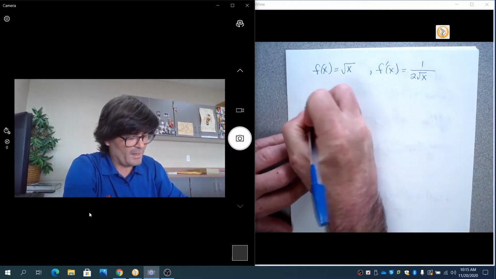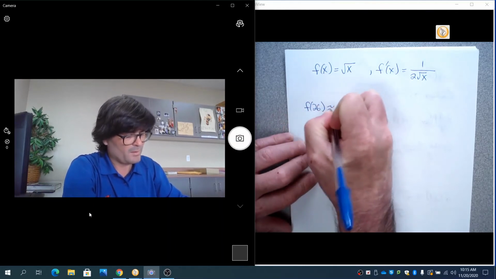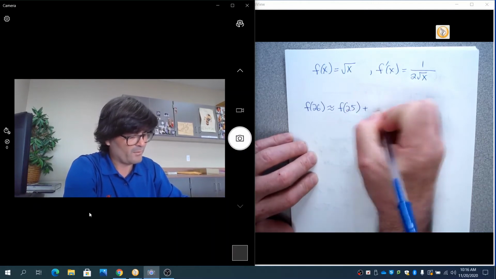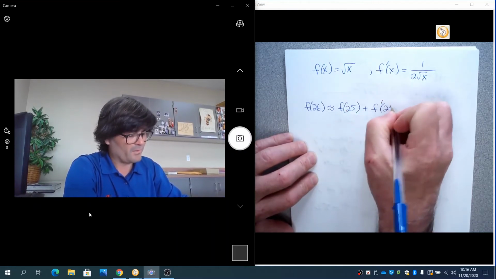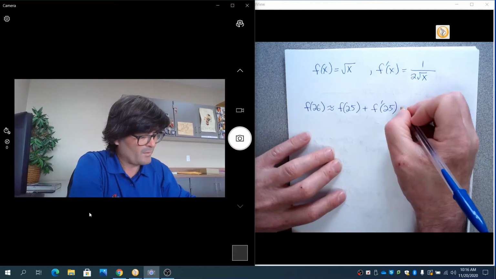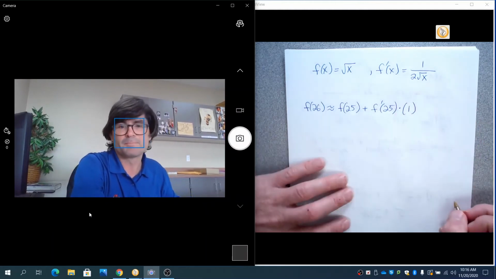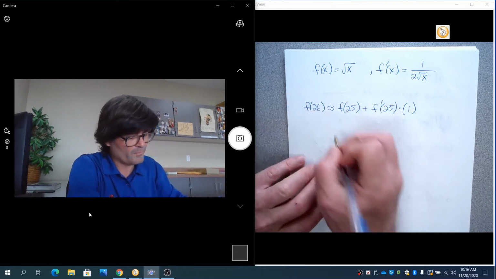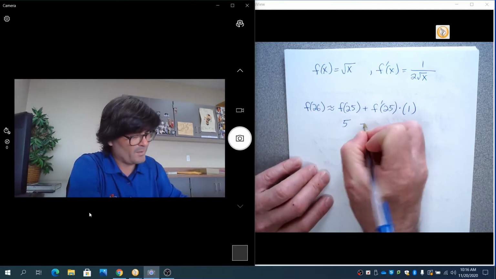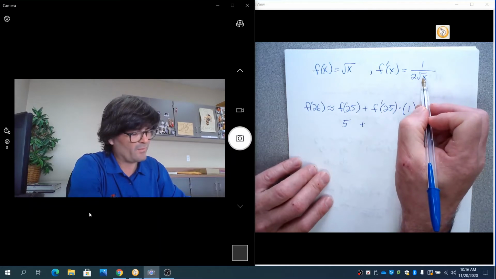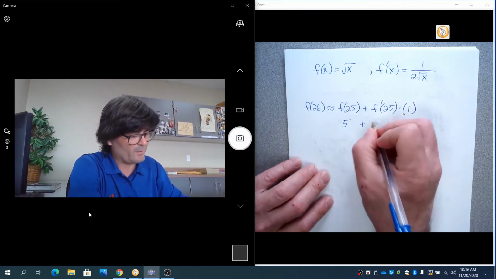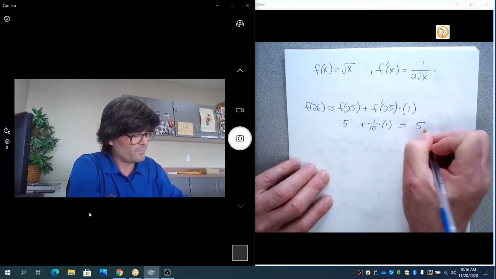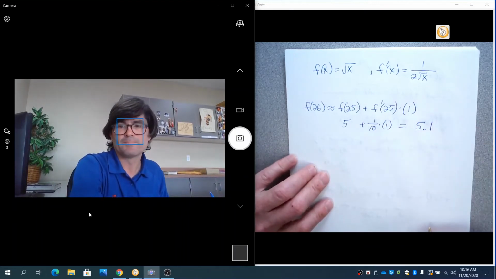So we're going to say f of 26 is approximately equal to f of 25 plus the derivative at 25, this time times 1, because the step size from 25 to 26 is 1. That's going to be 5 plus, if you put 25 in here, you get 5. 2 times 5 is 10, so you get 1/10 times 1. That is 5.1.